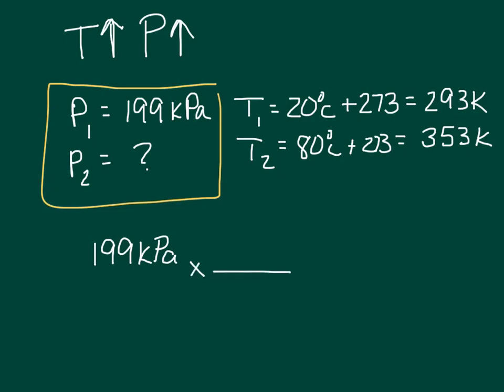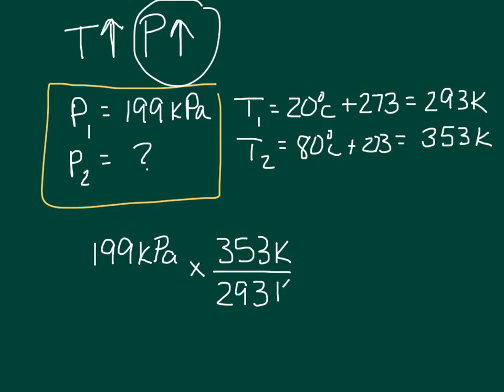We want our pressure to increase, so we want the bigger number on top. So we're going to put 353 on top, and we're going to put our 293 on the bottom. Again, Kelvin temperature cancels out, so our units are going to be kilopascals.